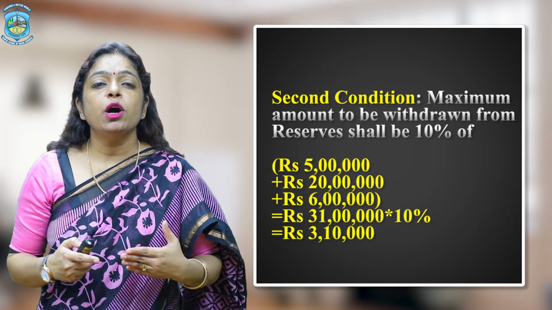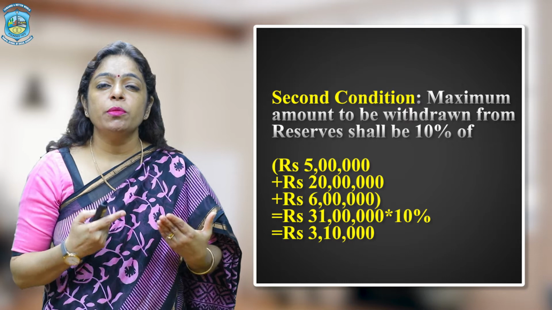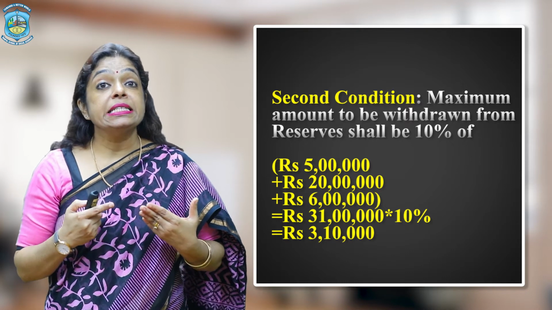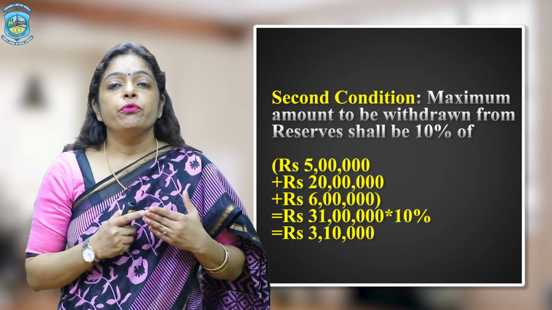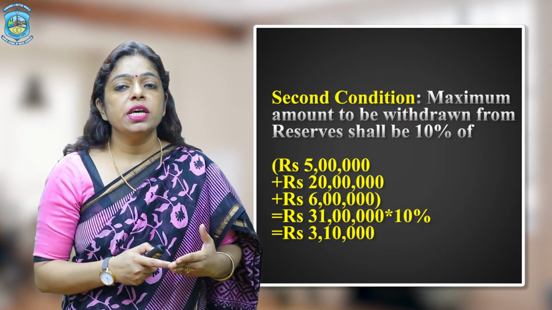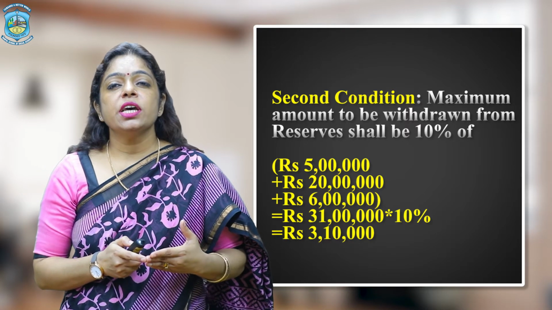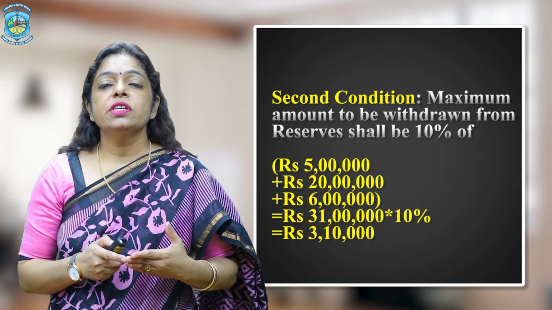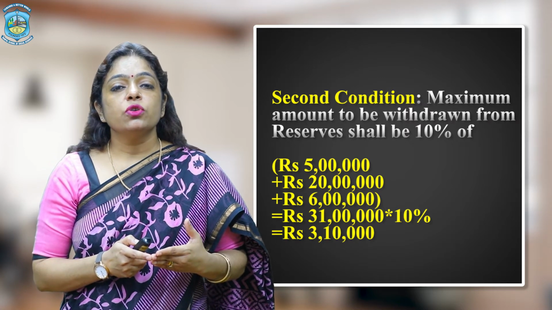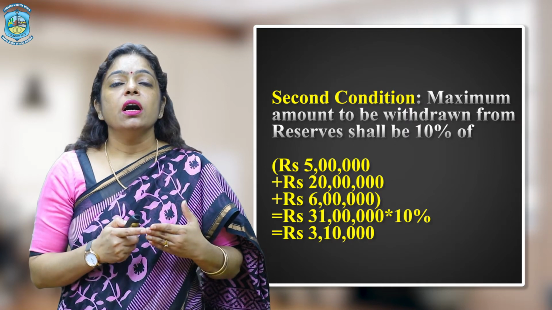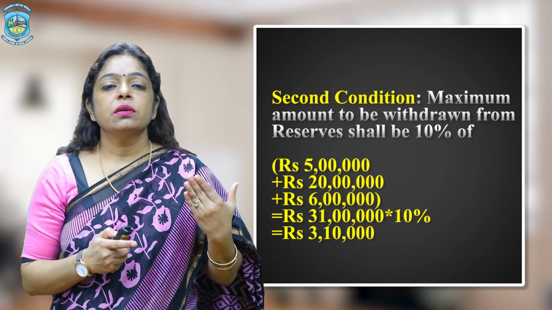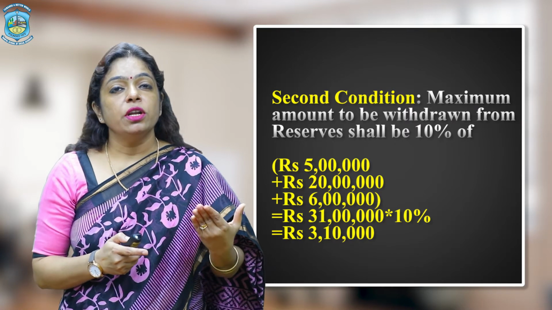The maximum amount that can be withdrawn from reserves shall be 10% of the 5 lakhs of preference shares, 20 lakhs of equity shares, and general reserves of 6 lakhs. So these three amounts are the equity shares, preference shares and the general reserves.